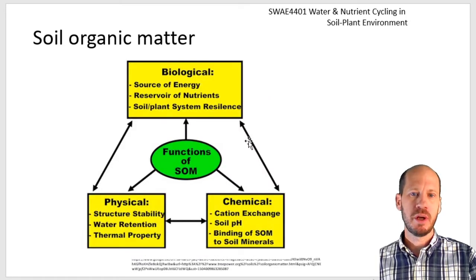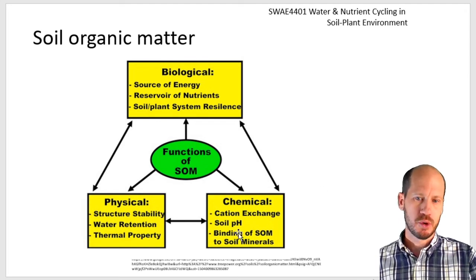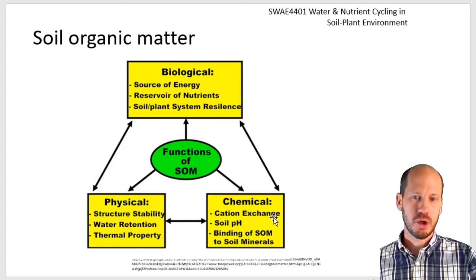And actually there are three different ways this organic matter is helping plants. One is the most obvious one: it's being decomposed, and as it is being decomposed, it provides nutrients to plants. So, in the chemical way.